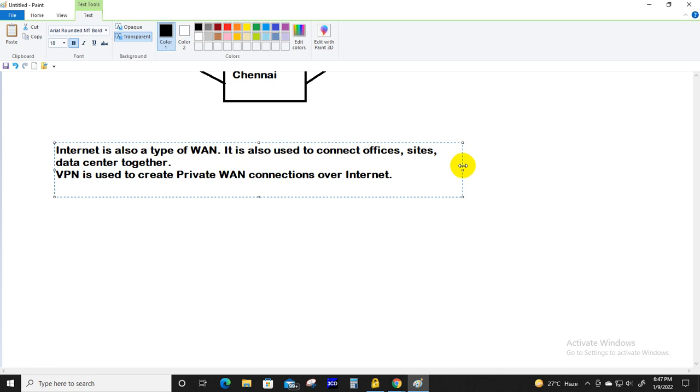As we know, internet is a public, or we can say shared network.